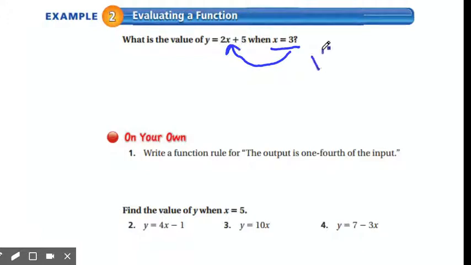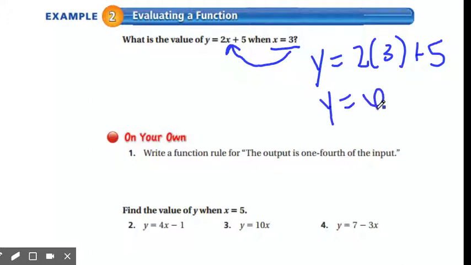So you'll have y equals 2 times negative 3, and then you still have that plus 5. All right. Now, order of operations says that you have to multiply first. So y equals negative 6 plus 5, and then you can go ahead and add them. Y equals negative 1. All right, so like I said, you're just plugging it in, kind of like the substitution that we did last chapter.